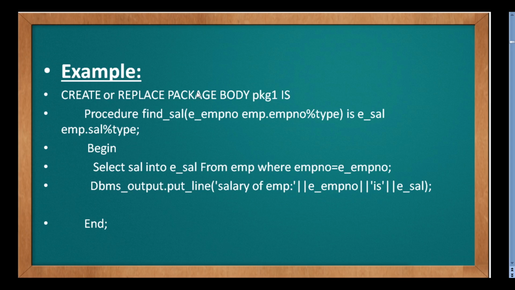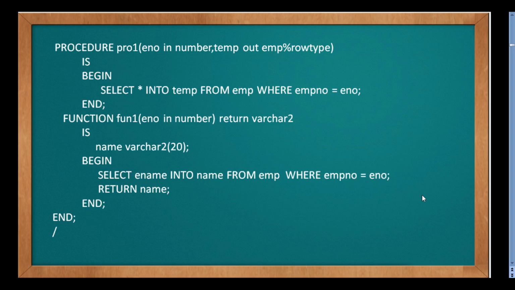So whatever employee number you pass as an argument, that employee number's salary is copied into the program variable e_sal. I just want to print out this employee number and salary by using this procedure.